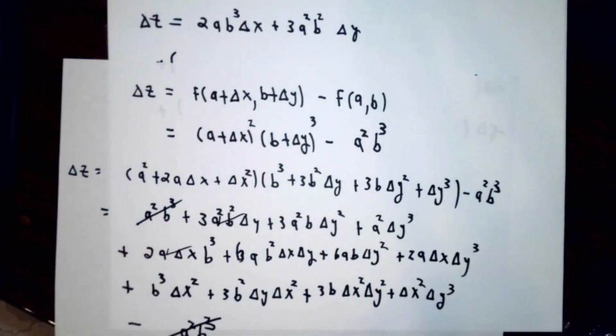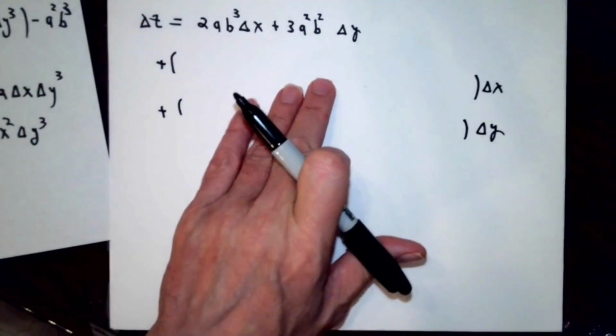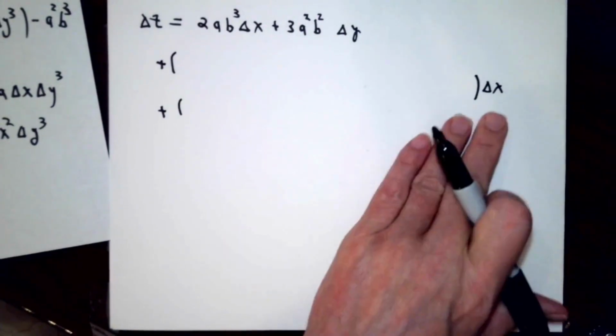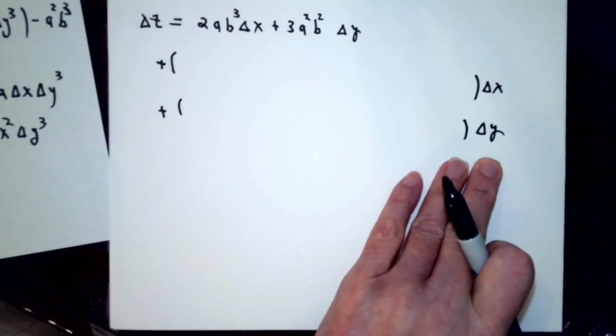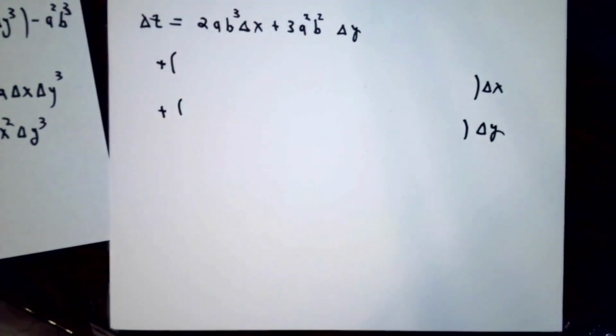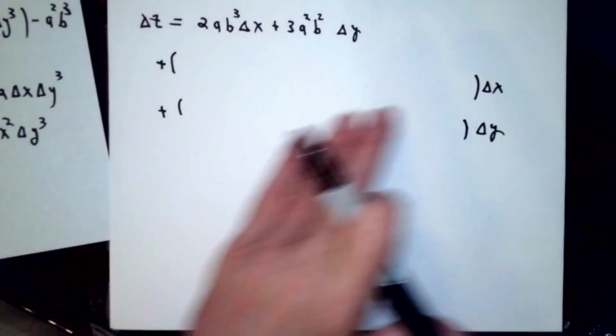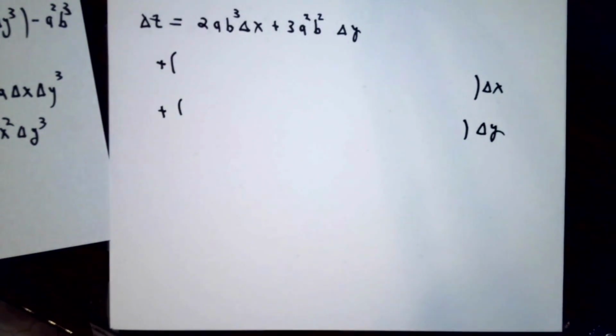And then all of these other terms, I'm going to put them in one sum or another that I have already factored a delta x out or a delta y, and I want to make sure that each term that remains inside of either one of these sums has at least one factor of delta x or delta y.